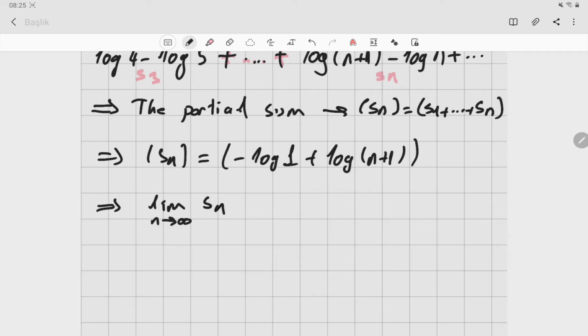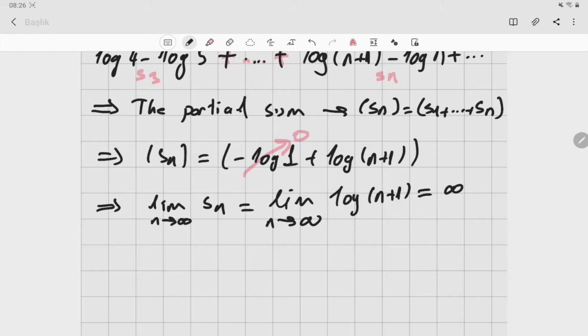Which is very simple, because we know already logarithm 1 is 0, and then the limit as n goes to infinity of logarithm n plus 1, which is clearly infinity.